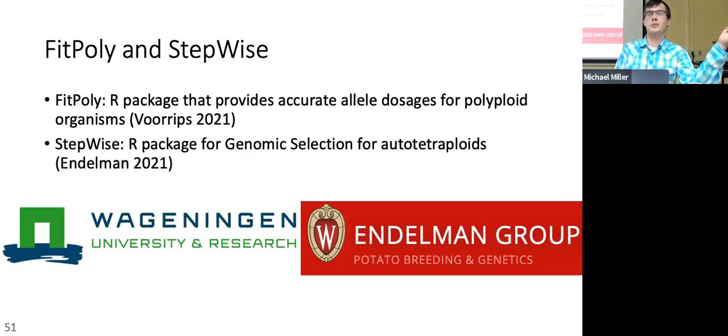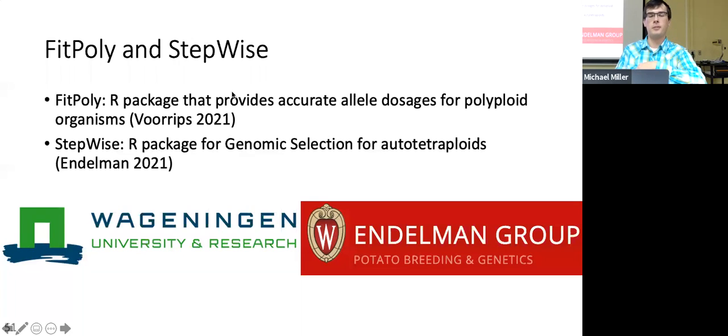In a diploid, there are 3 potential allele dosages: homozygous for one marker, heterozygous, or homozygous for the other marker. With tetraploid, there are 5 of those states, and so it's harder to tell those apart. And until recently, you couldn't really get reliable genetic data because of that.